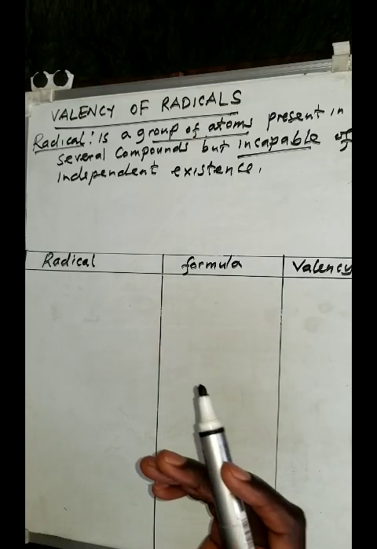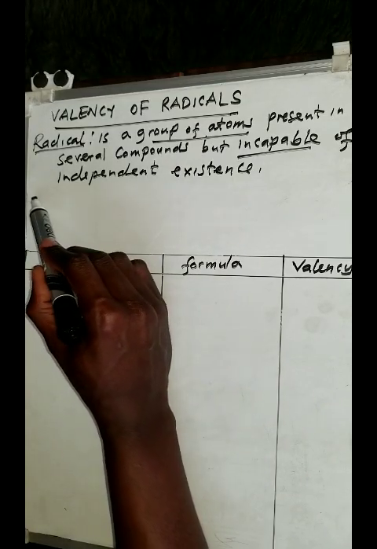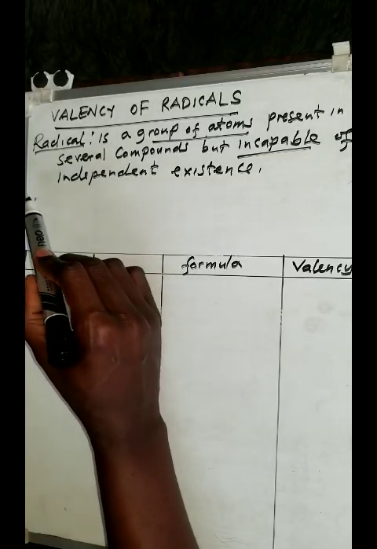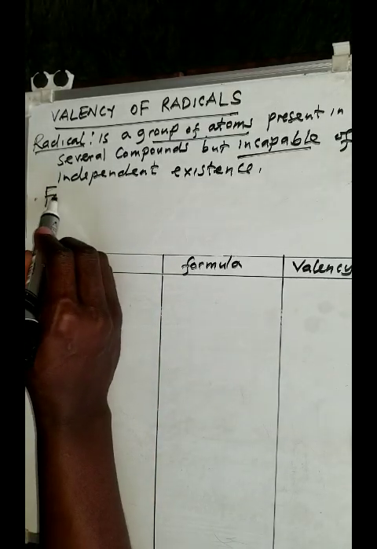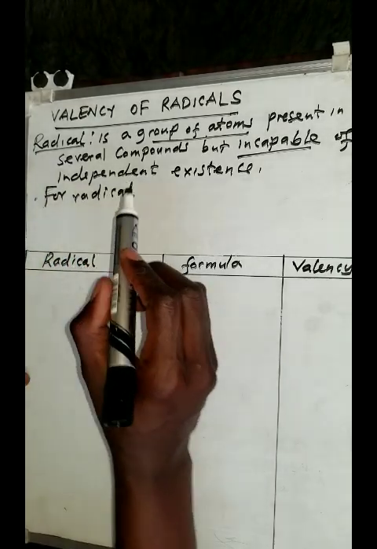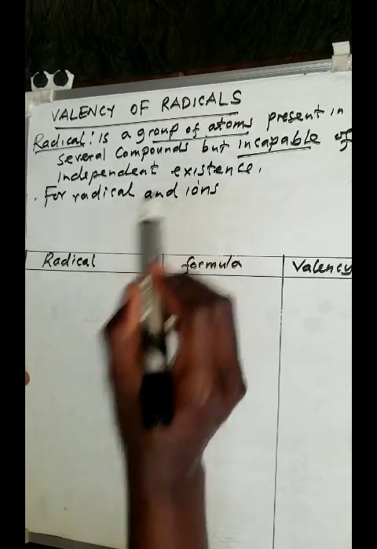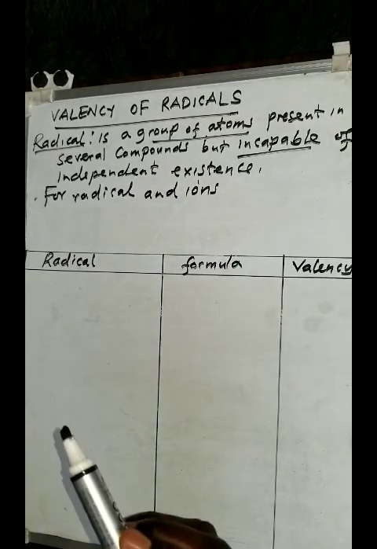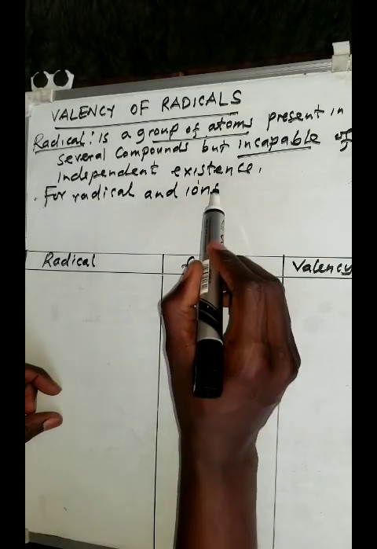Now, how do you determine the valency of a radical? I want you to take note that when it comes to radicals and ions, the valence is simply the value of the charge on the ion.